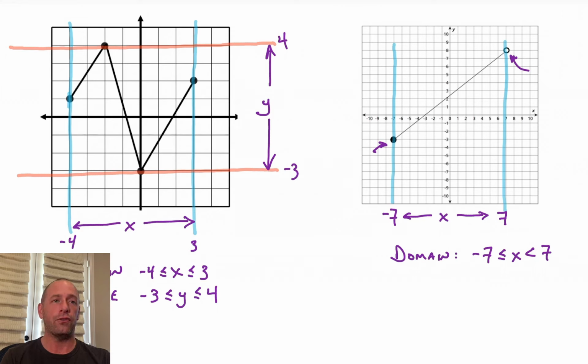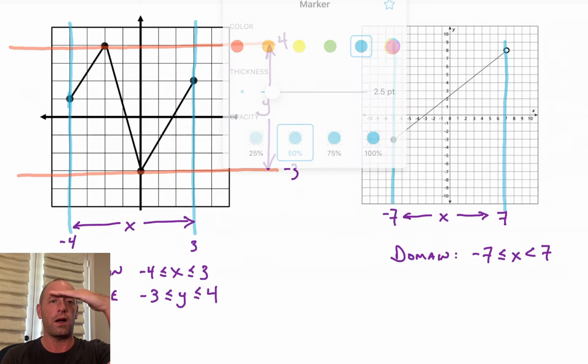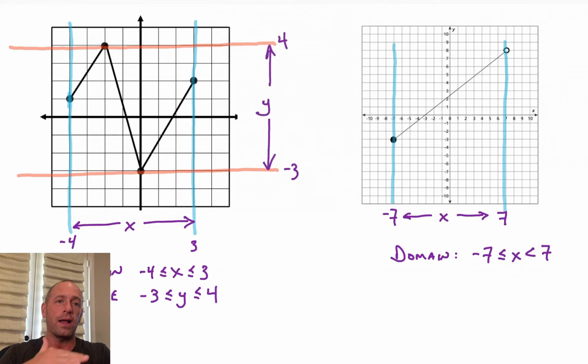For the range, we'll do the exact same thing I did before. I'm going to draw two horizontal lines to show the highest value of y and the lowest value of y. And again, those open and closed circles come into it. On the low side, it can equal -3.